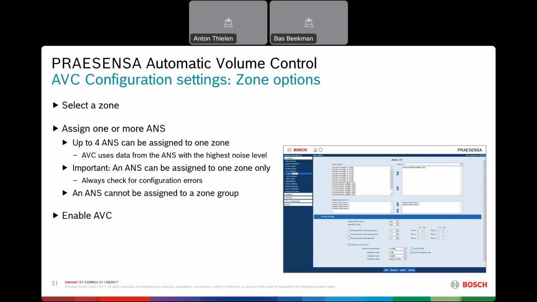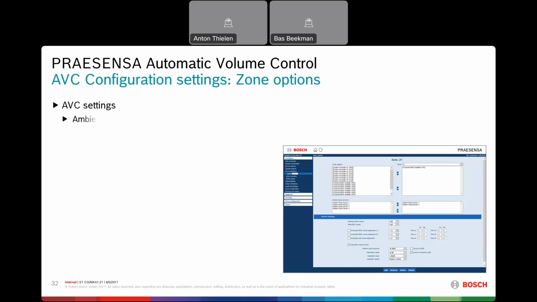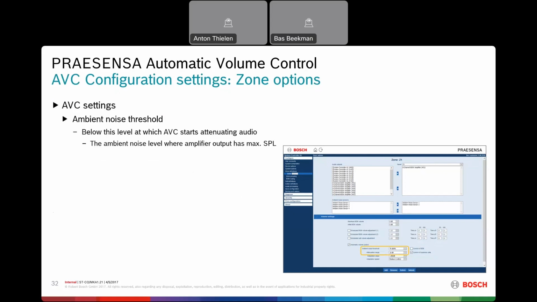That's also mentioned here now. Enable AVC you need to do, and select control of BGM. That's the tracking mode, so when it dynamically will adapt the volume, or for the control of business calls, you can use then the sample and hold method. That's with the checkboxes at the lower right corner. Yeah, the ambient noise threshold, I showed it in the diagram.